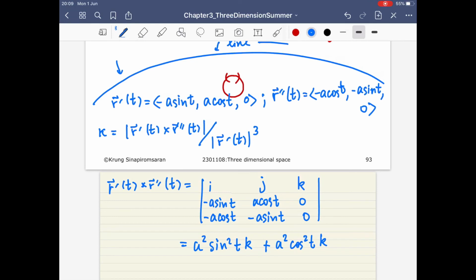It is 0 here, and it is 0 for the j as well.